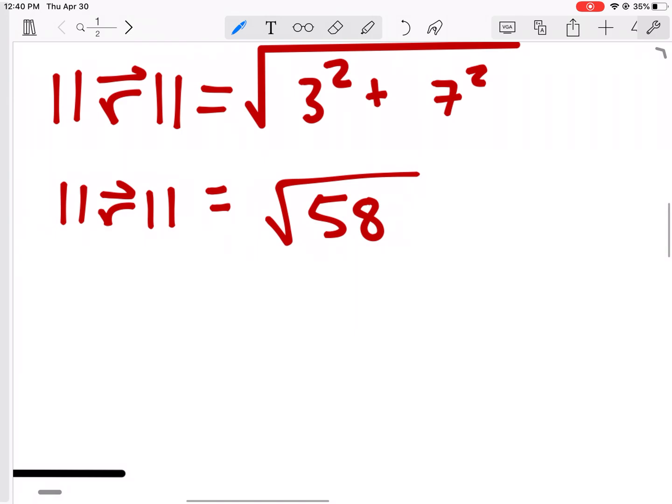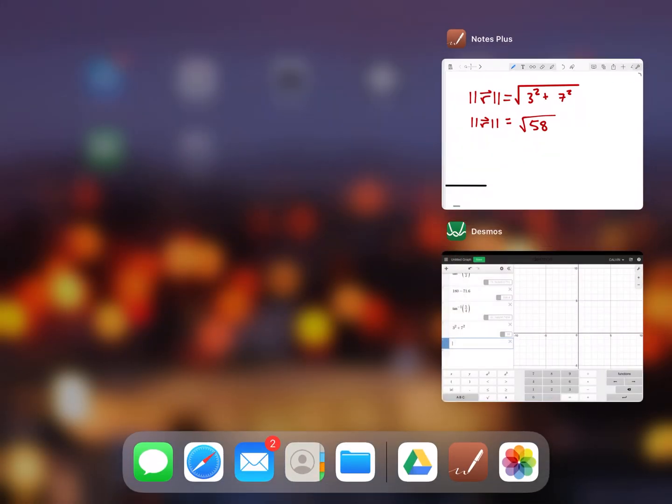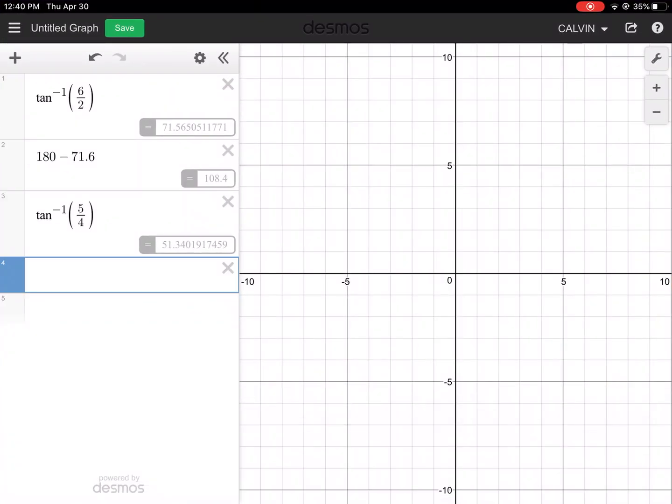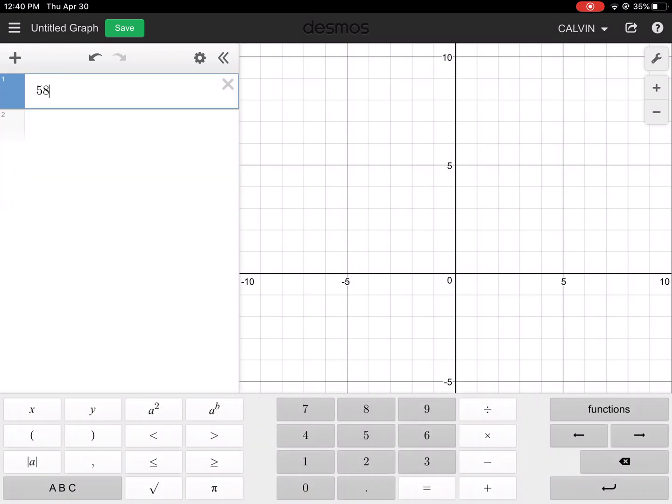58, well, can we simplify this radical? It's nice to simplify radicals if we can. So let's go to Desmos and try some things out. 58, well, we need to divide it by perfect squares. 58 divided by 4, no, that doesn't work. 58 divided by 16, no. 58 divided by 25, no. The next perfect square would be 36.